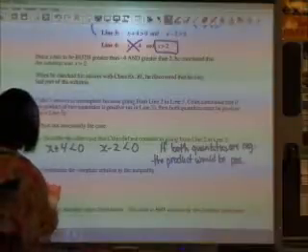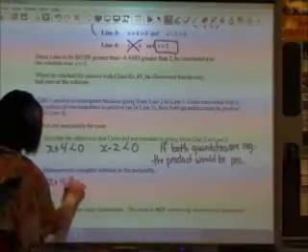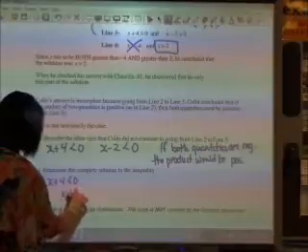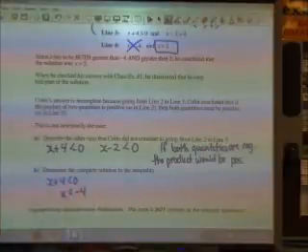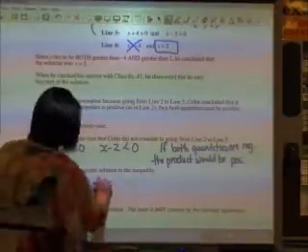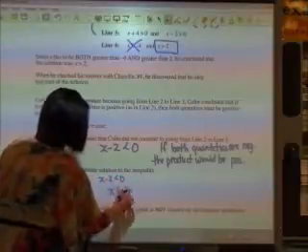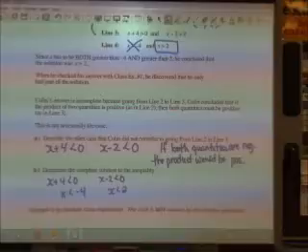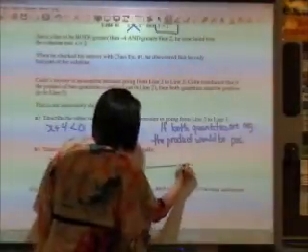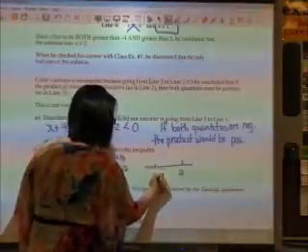less than 0. So I solve for x, and I get that x is less than negative 4. And I have x minus 2 is less than 0. So I have x is less than 2. Now again, if I think of this as being on a number line, I have 2 and negative 4.